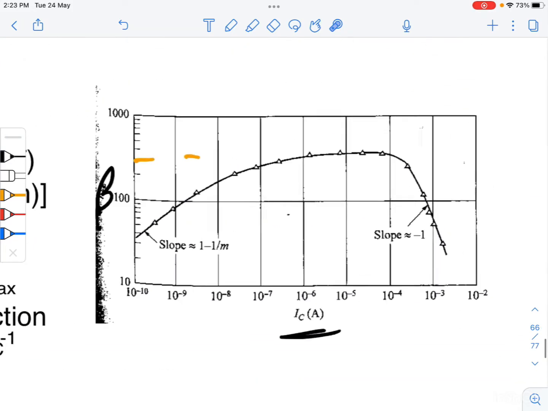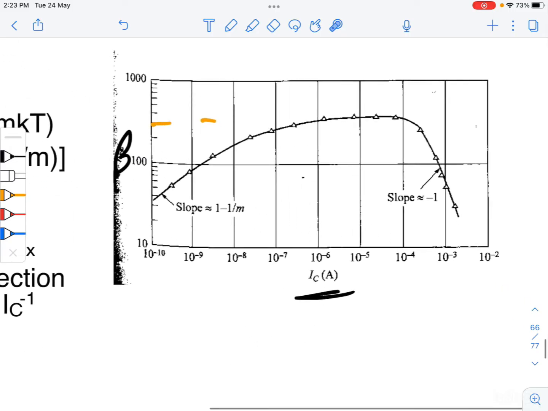If you watch the previous video, this is a graph of the gain versus the collector current of a BJT. Ideally, this graph should be a constant like this, so regardless of the value of the collector current, the gain will stay constant. However, it is not ideal at very low collector current.